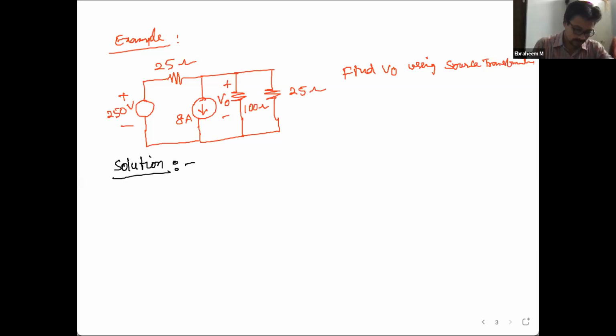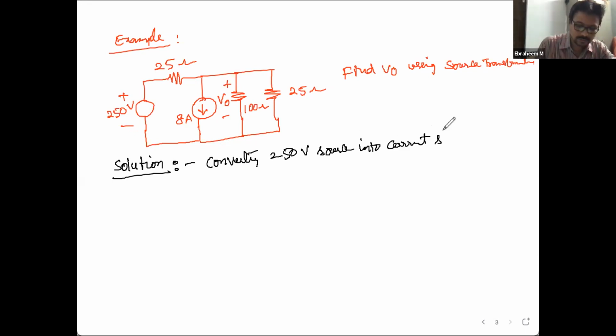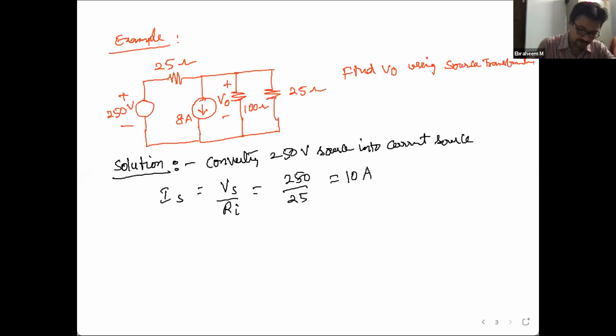Right. So converting the 250 volt source into a current source, we get Is equal to Vs by Ri, that is 250 by 25, which is equal to 10 amperes.